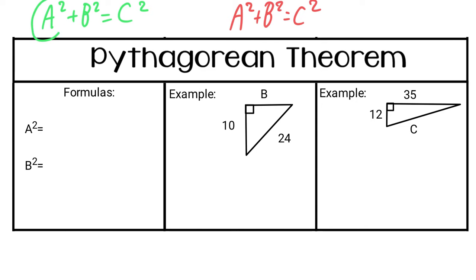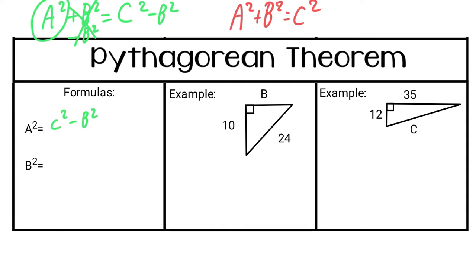If we want to get a squared by itself, we need to subtract b squared. And whatever we do to one side, we have to do to the other. So a squared is equal to c squared minus b squared, or the difference between the squares of the other two sides, the hypotenuse and the other leg.